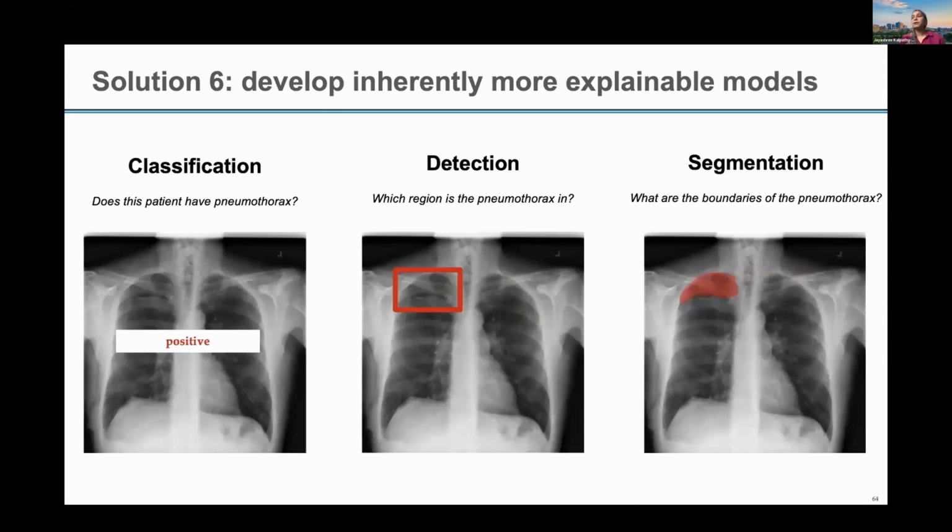So one way to potentially think about that is, can you develop an inherently more explainable model? Instead of just saying positive or negative at a patient level, can you say, here's an area of concern?